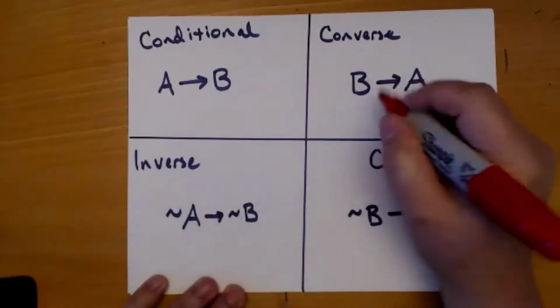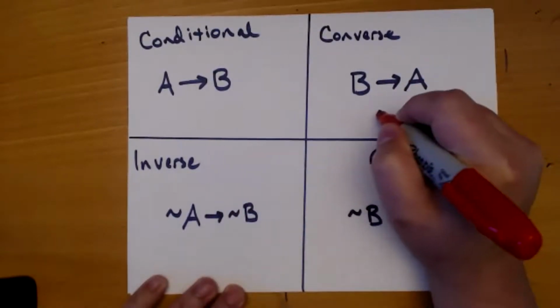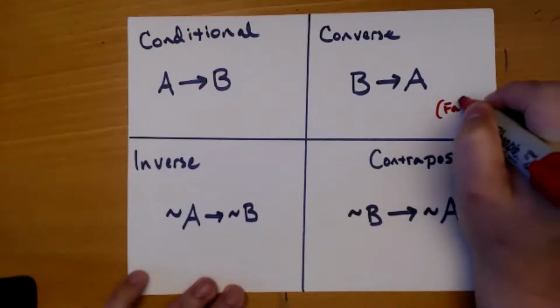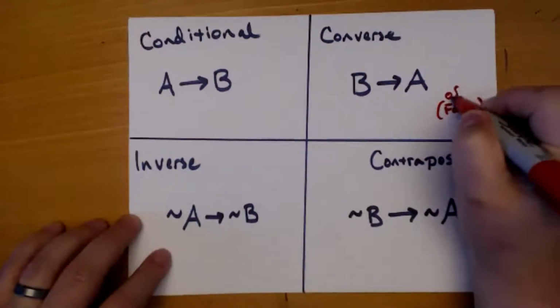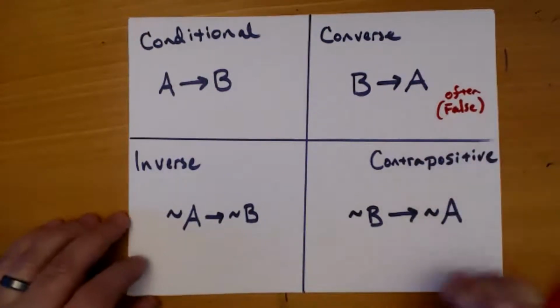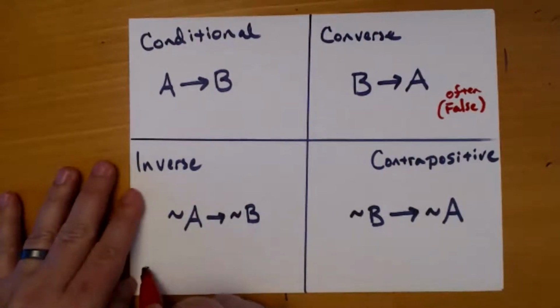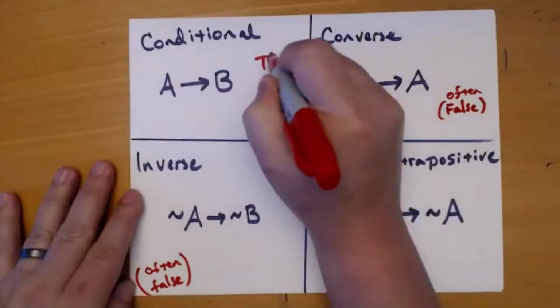But this is often not true. And so this is often false. I should just say often, because it could be true sometimes, but it's rare. And this one is often false also. This guy, however, is true.